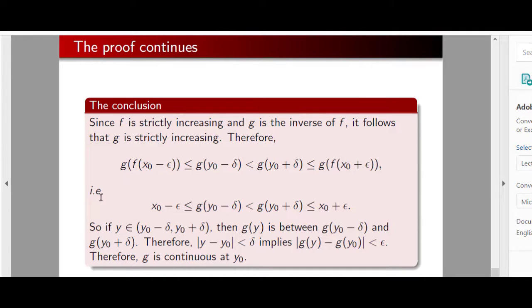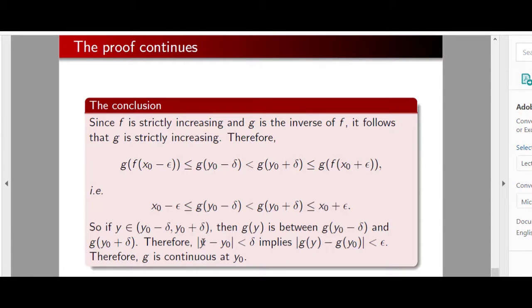And so therefore, since g and f undo each other, I have x naught minus epsilon is less than g of y naught minus delta is less than g of y naught plus delta is less than x naught plus epsilon. So if y is in this interval, then g of y is between the two endpoints of this interval.